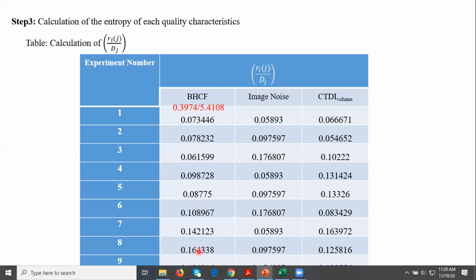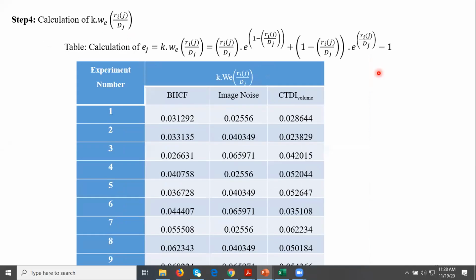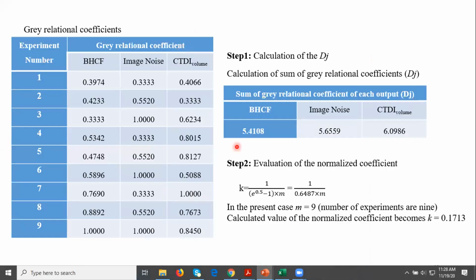Same thing for the beam honey correction factor, the image noise and the irradiation dose; we calculate based on this formula. Thereafter, we calculate the entropy for each experiment: K into Wij by dj. This value we have already calculated. We have to take the W weight function, which is already there.